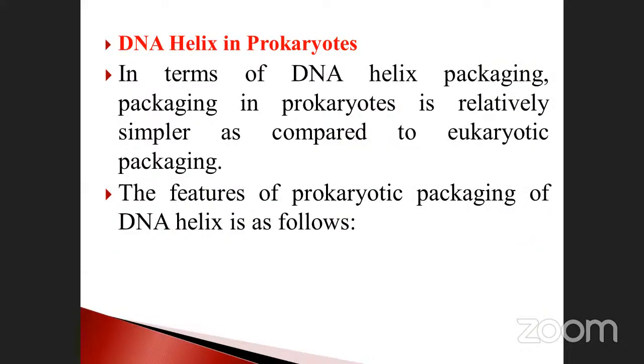Here you must know DNA as a genetic material, which you already know about, but here you have to differentiate according to the organisms, prokaryotic and eukaryotic. What are the differences? That is what we are going to discuss in this part.